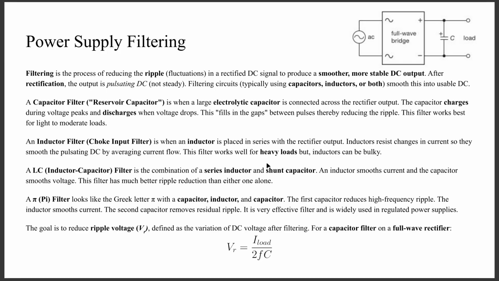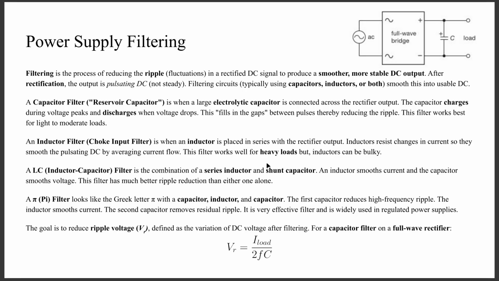A pi filter looks like the Greek letter pi, with a capacitor, inductor, and capacitor. The first capacitor reduces high-frequency ripple. The inductor smooths current. The second capacitor reduces residual ripple. It is a very effective filter and is widely used in regulated power supplies.